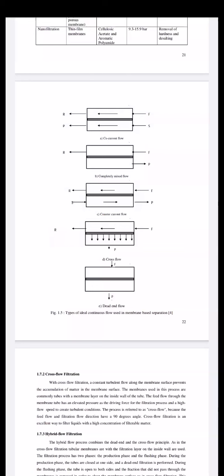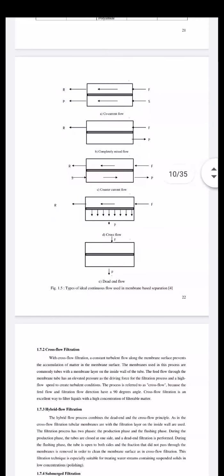Cross flow, for example, is like the condensers of the refrigeration unit, the fridge, where the flows are cross current.